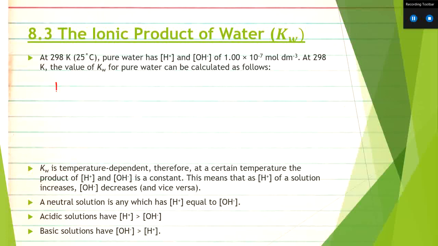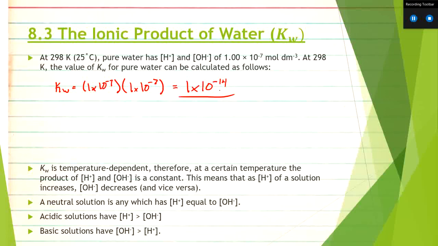So the value for Kw at 25 degrees will be 1 times 10 to the negative 7 times 1 times 10 to the negative 7, which equals 1 times 10 to the negative 14. So again, this is the Kw for pure water at 25 degrees Celsius.